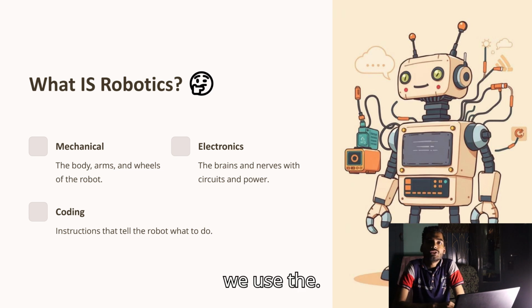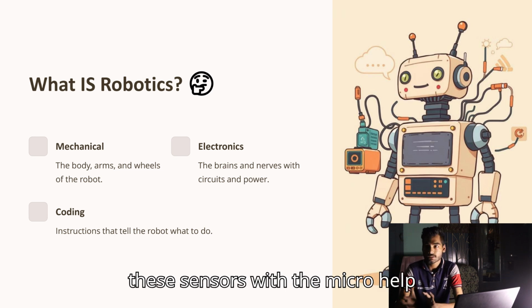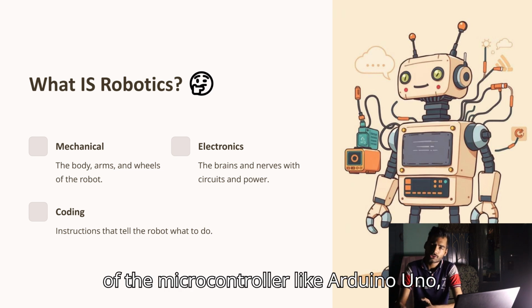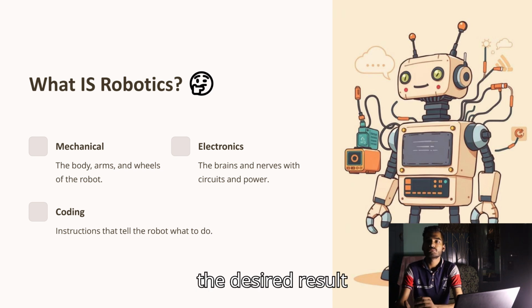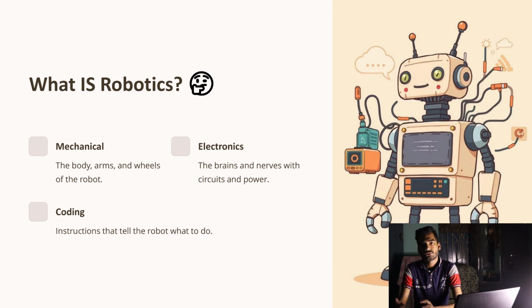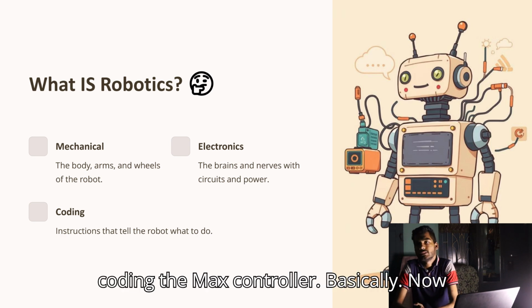And in the programming part, we program these sensors with the help of the microcontroller like Arduino Uno, ESP32, and we get the desired result through our programming by coding the microcontroller basically.